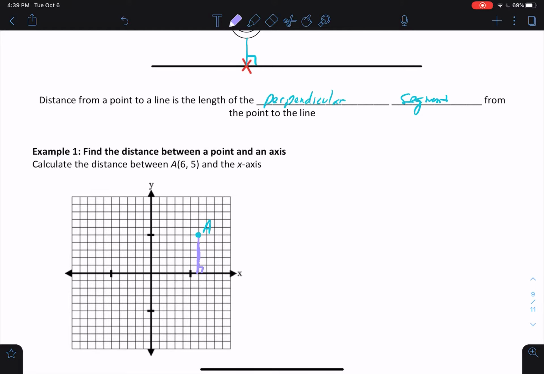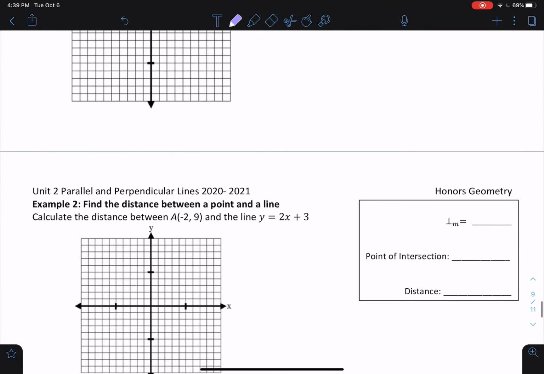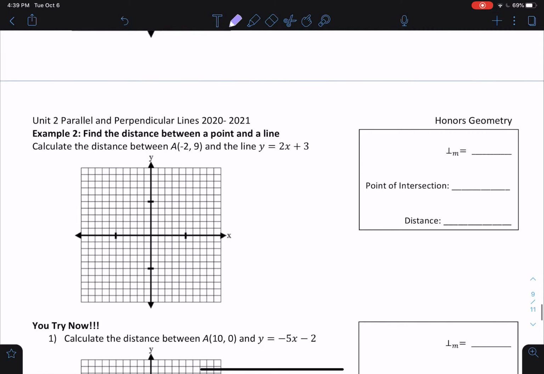Since this is a vertical line, I can just count 1, 2, 3, 4, 5 units. All right, so when we're counting from a point to a horizontal or a vertical line, we just have to count.